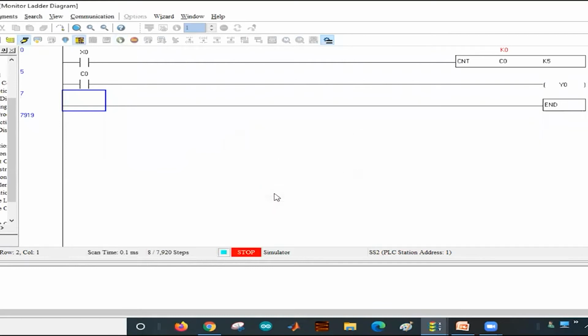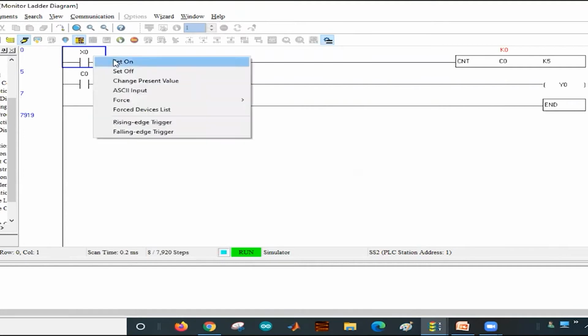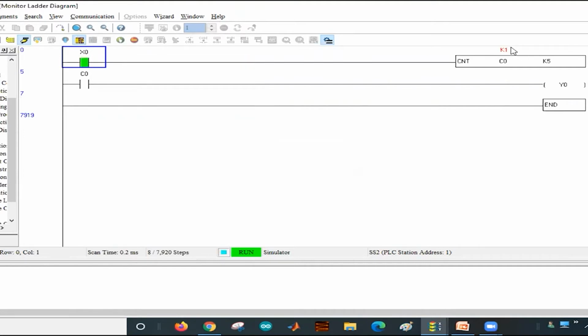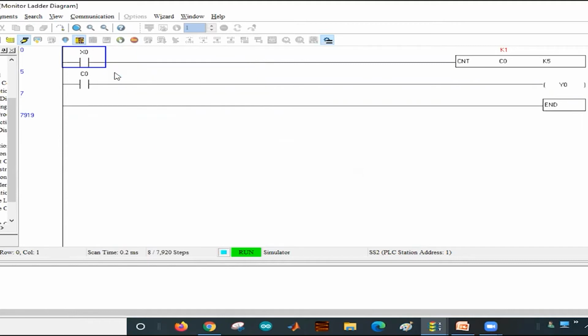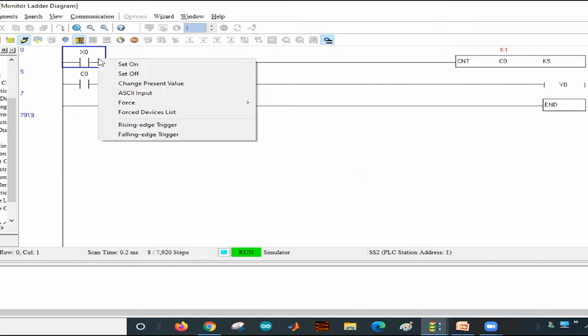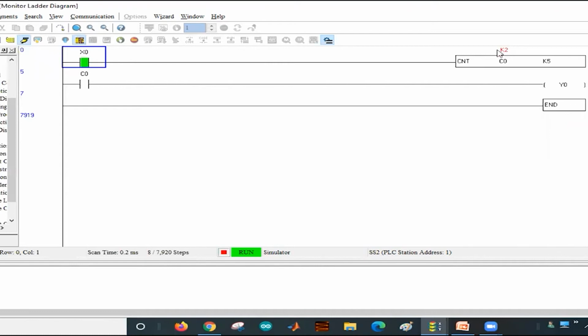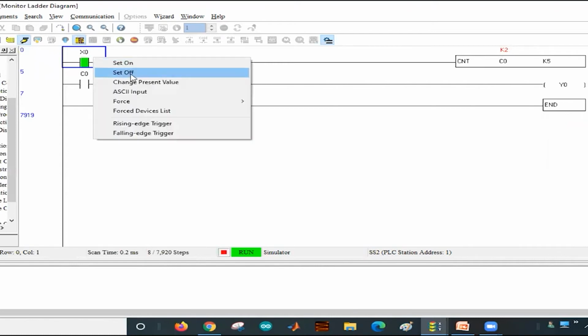Run it. See here, whenever the photo sensor detects the product, X0 will be on. Whenever it is on, the counter value will be incremented by 1. Now the product is gone from the sensor, it will be off. Again, if another product comes, it will be on, the counter will be increased to 2, and it will be off.